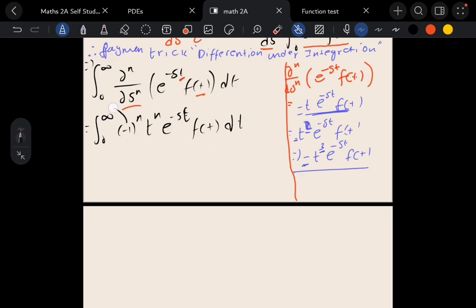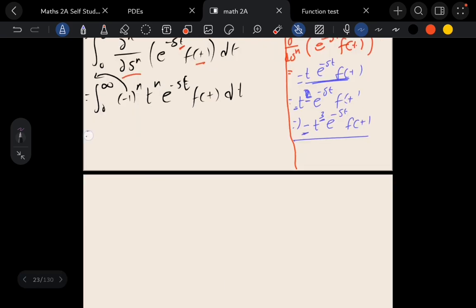We take the (-1)^n outside, so we have (-1)^n times the integral from 0 to infinity of t^n e to the power negative st f(t) dt.